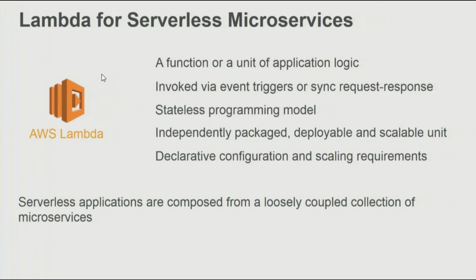Okay, some other pieces of information about Lambda. It's a functional unit of application logic. And again, we've talked about invoking via event triggers or synchronous request-response. It is a stateless model, so you send the request in and there's no state on that. It's like a RESTful interaction. And then independently packaged, deployable, and scalable units.